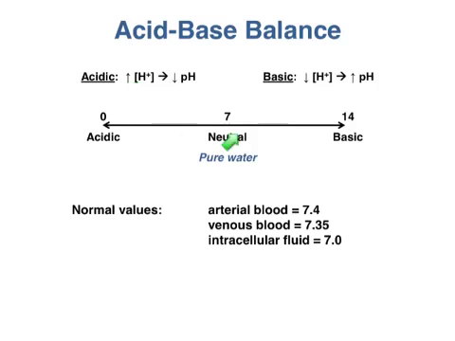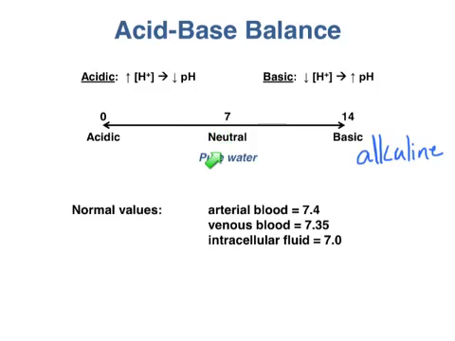As you move up from 7 up to 14, a solution becomes more basic, or sometimes that's referred to as alkaline. And this is a decreased relative concentration of hydrogen ions. So an increased pH means a decreased concentration of hydrogen ions.